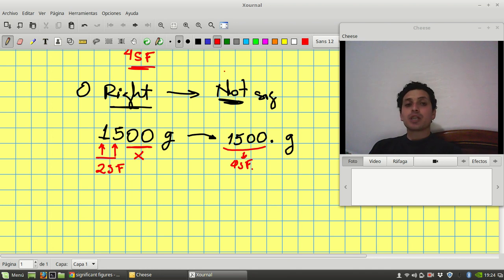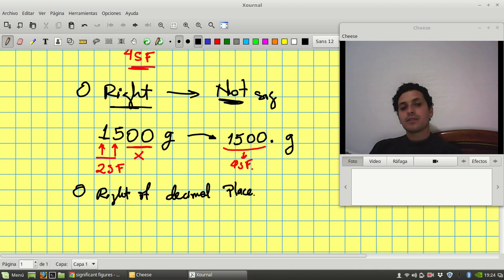And the other option is that zeros to the right of a decimal place, at the end, are significant. That's the next rule: any zero to the right of a decimal place is significant.